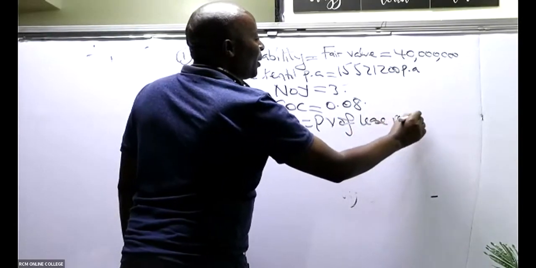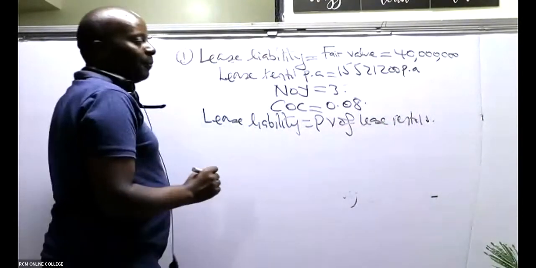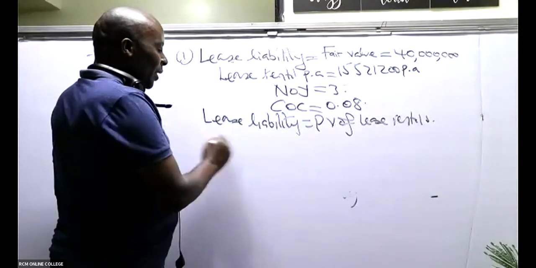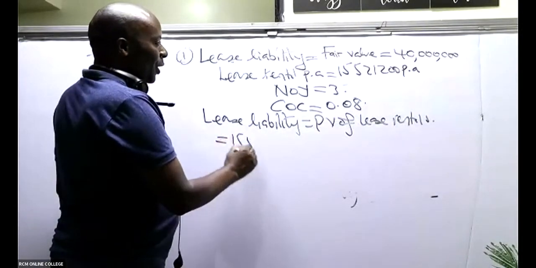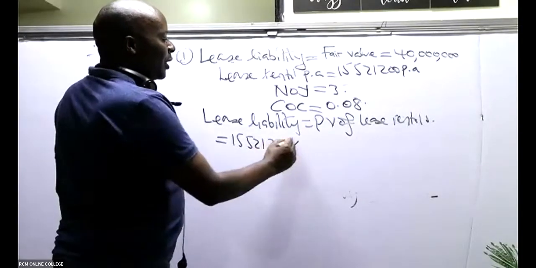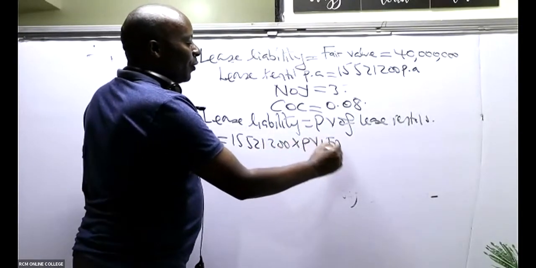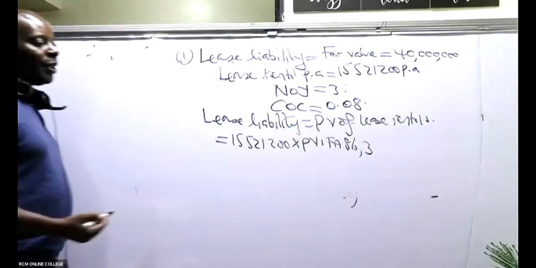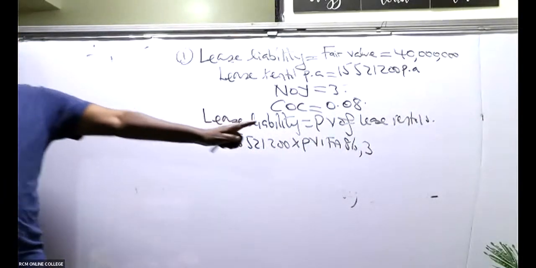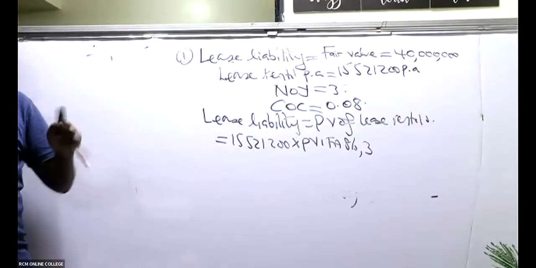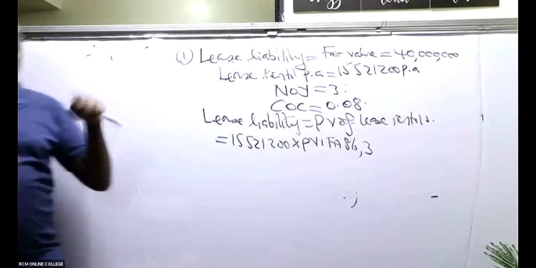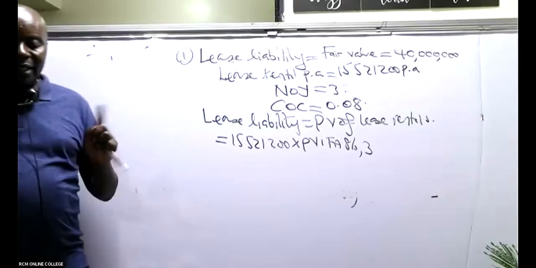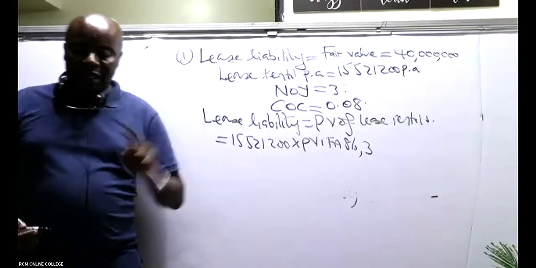So in that case this would have been 15,521,200 times the PV annuity factor at 8% for 3 years. I will not add 1 plus R there because this one is not being paid up front. It is only the one that is being paid up front that we normally add the 1 plus R. This one we shall leave it like that.